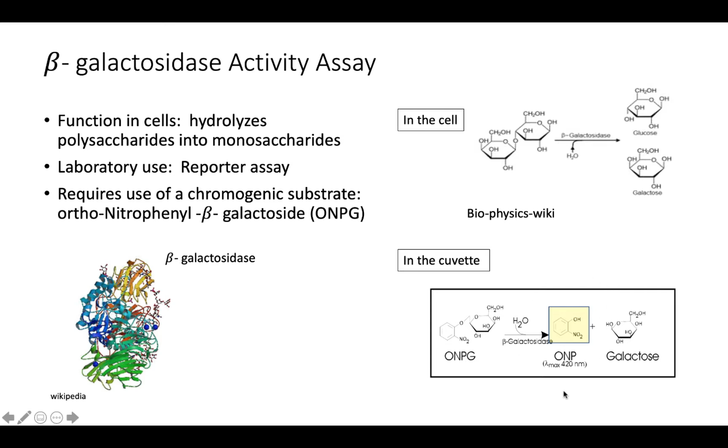That is what we are measuring, the rate of production of ONP over time. The maximum wavelength that it can be measured at is 420, and you'll see a slight yellow going on in your cuvette. So today's activity assay, we are measuring the production of the ONP being catalyzed by your beta-galactosidase.